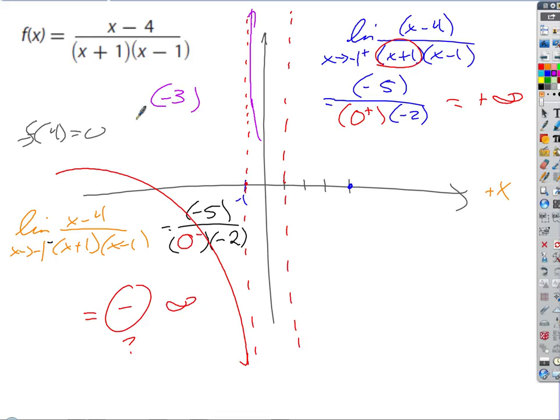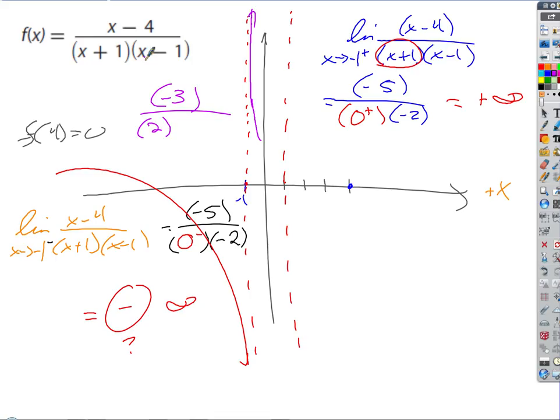So on the bottom, what's this going to be? If I'm approaching 1, 1 plus 1 is going to give me a 2. And what about here? x minus 1. What's that going to be? Alex, what's that going to be?